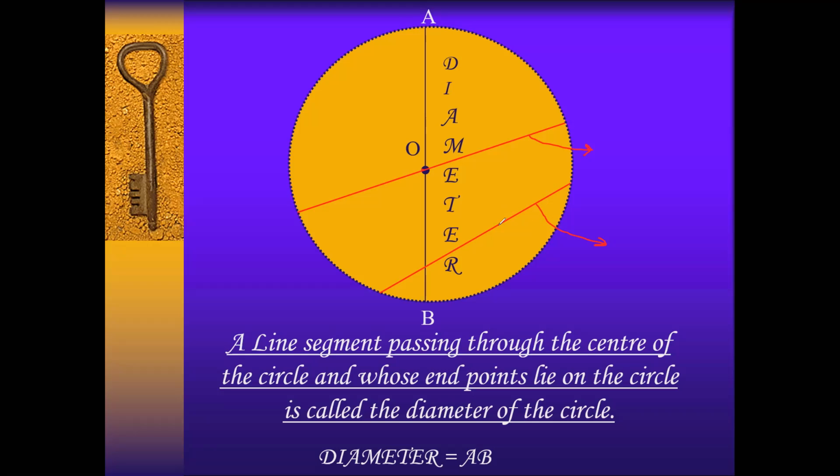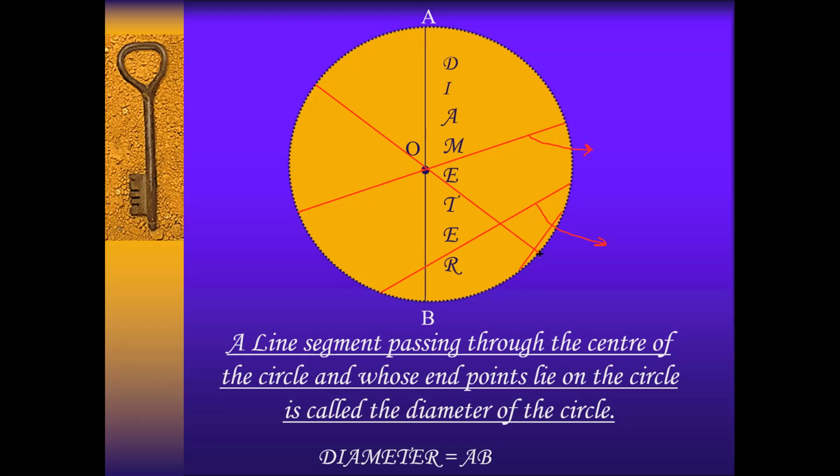As you can see, the length of this line is greater than this line, and for example, this line also connects two points on the boundary. So this is the smaller one, this is the larger one, this is the largest. So we cannot say that all of these are diameters. A diameter has to pass through the central position.